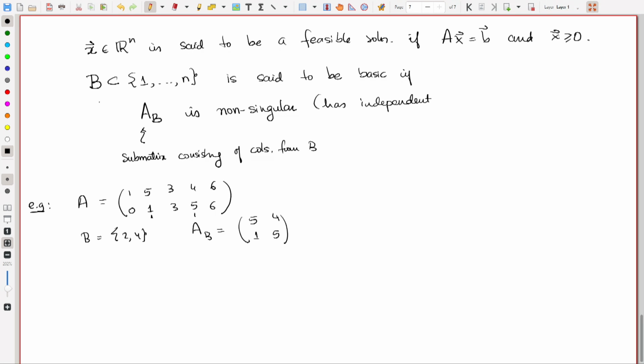So, we have to assume here that B is of size m. If B has m entries and this has independent columns, okay, so now we have this set 1 to n and certain subsets give us independent columns.